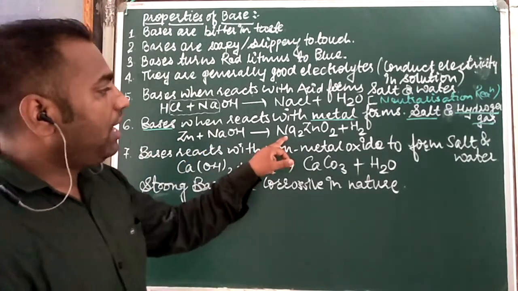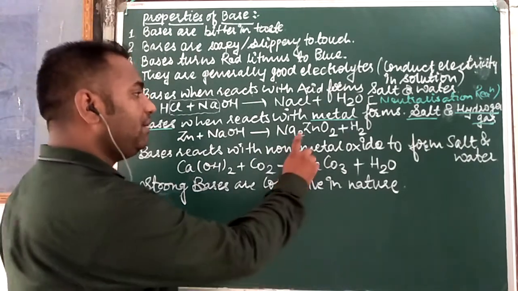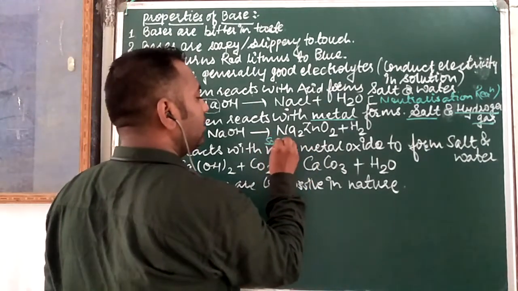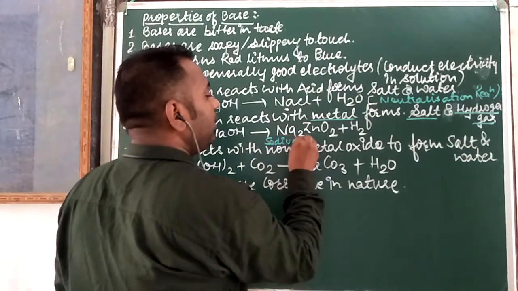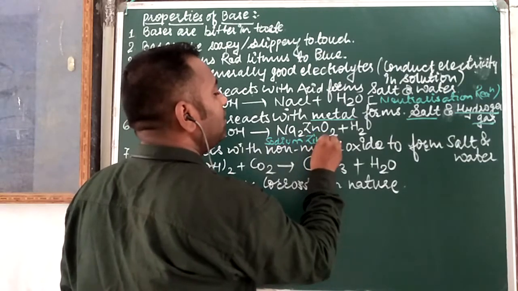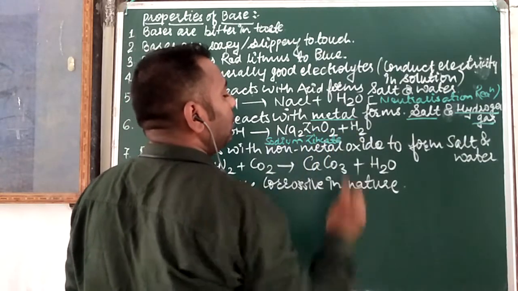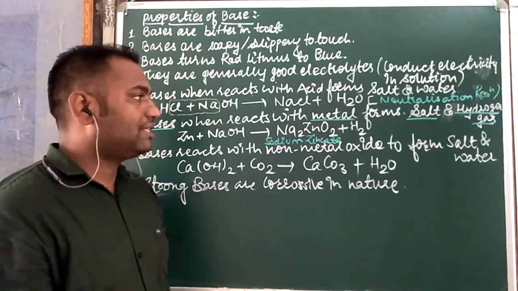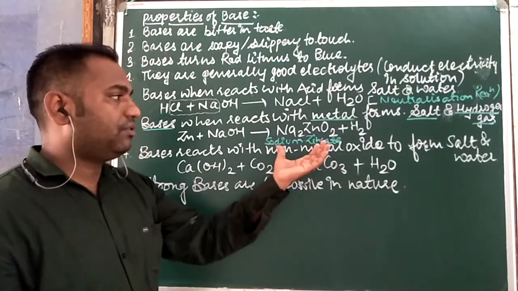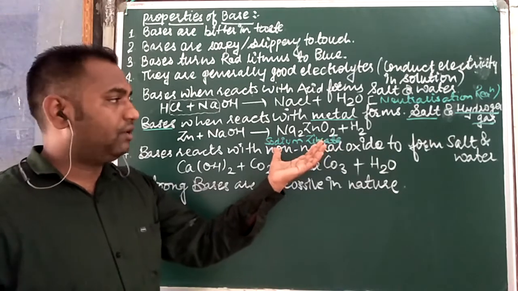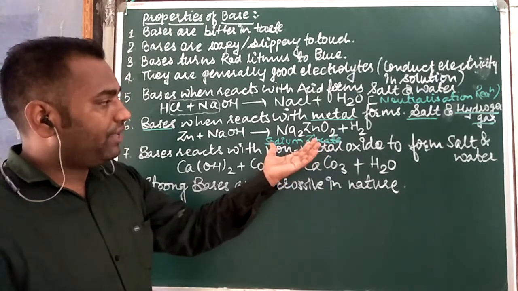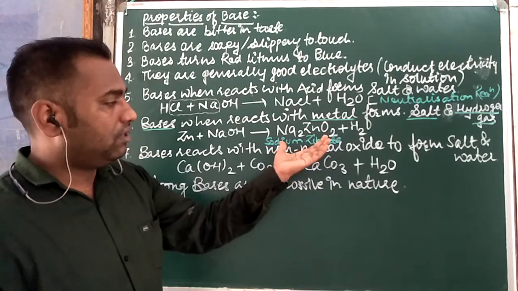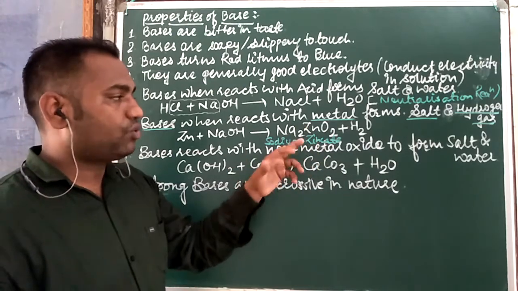So Na2ZnO2 is formed. The name is sodium zincate. Important reaction. In the coming days we will discuss amphoteric oxides, which react both as bases and as acids, and we will also see sodium aluminate.